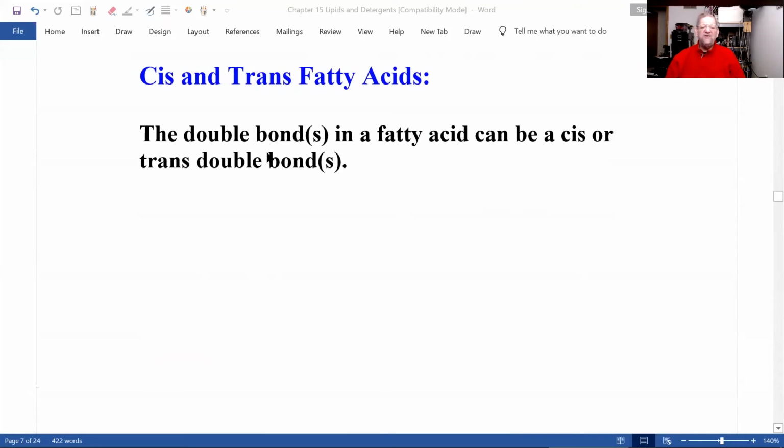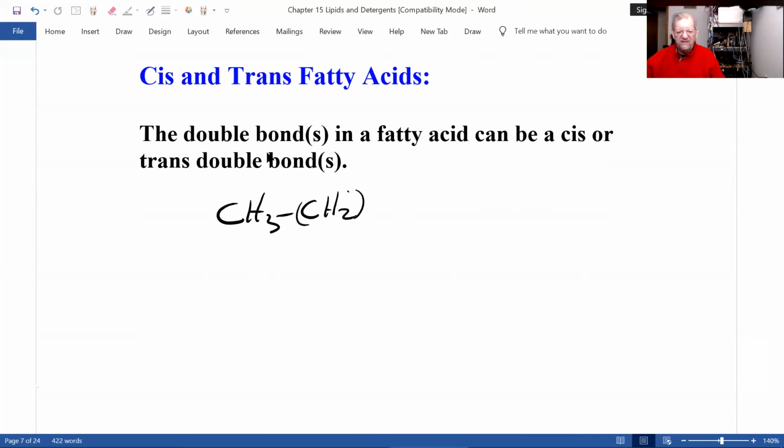Now, if you looked at oleic acid, you have a double bond.